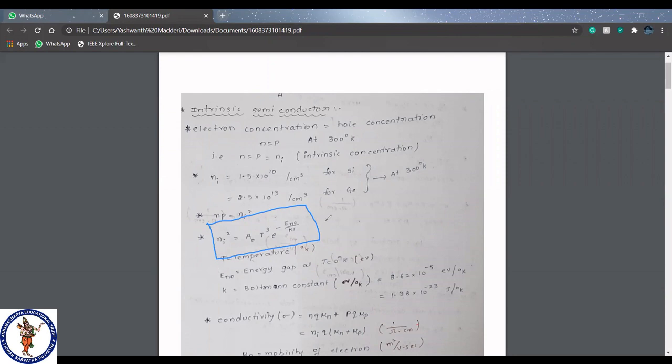There is a very low probability of a question directly on Ni, but it is better to concentrate on this as well.